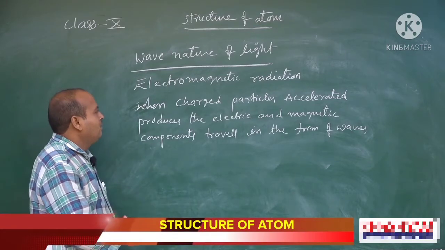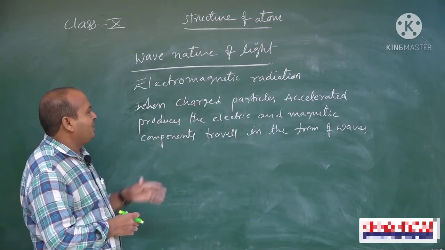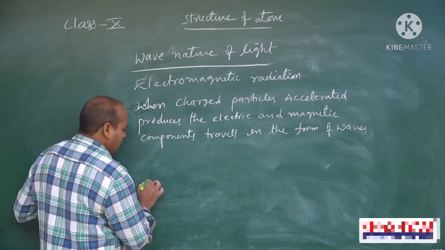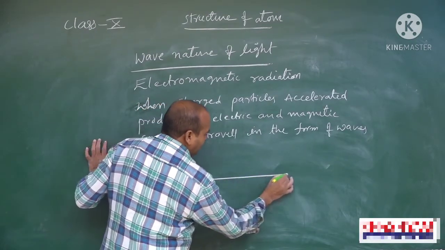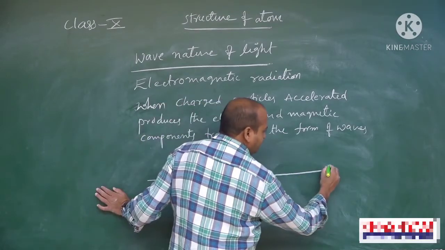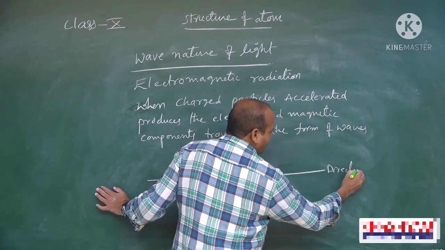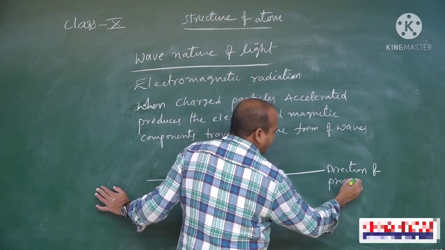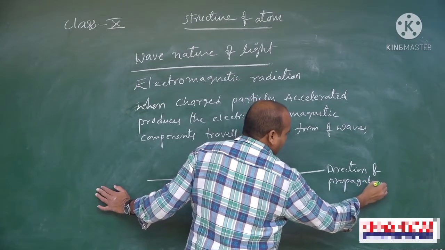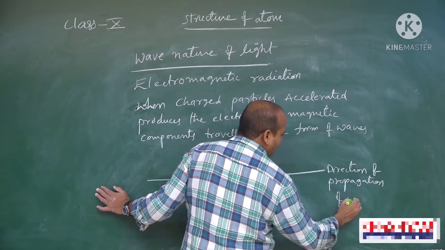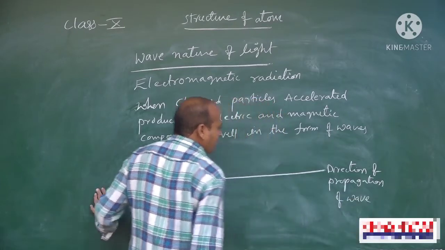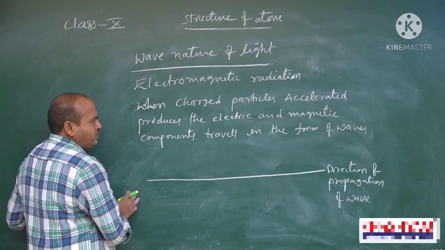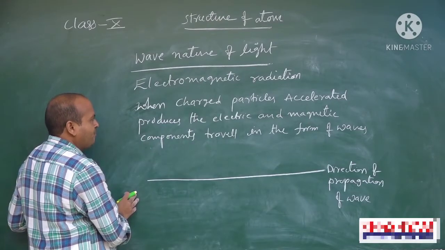These electric and magnetic fields are perpendicular to each other. Let us see, if you consider the direction of propagation of the wave, an electromagnetic wave has two components, the electric and magnetic fields.